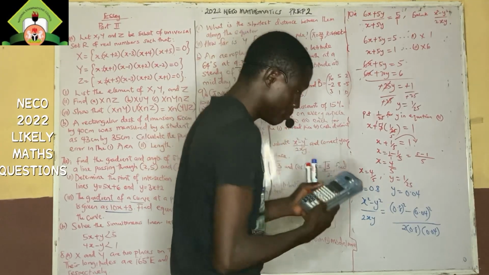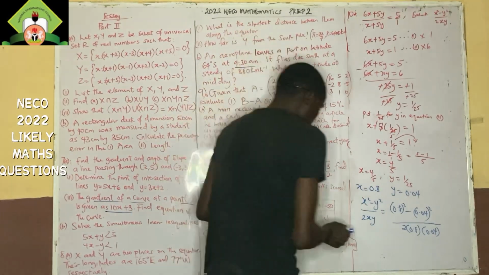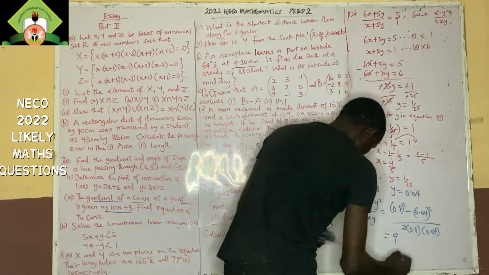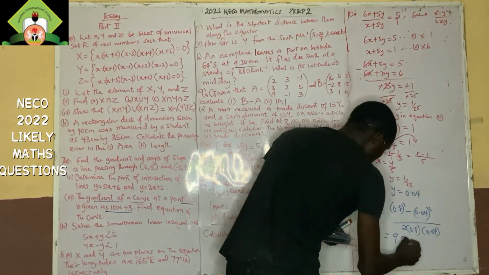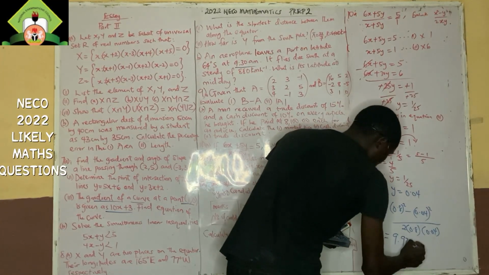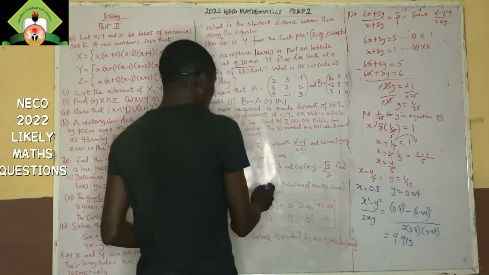So we have 9 point what? The answer here is 9.975.